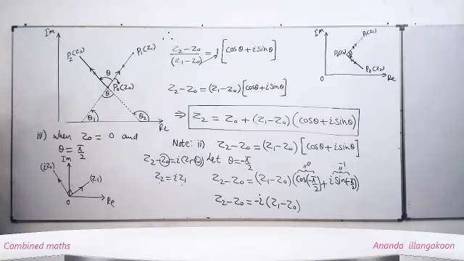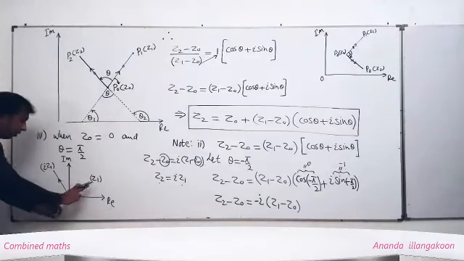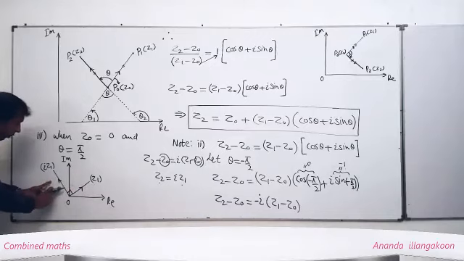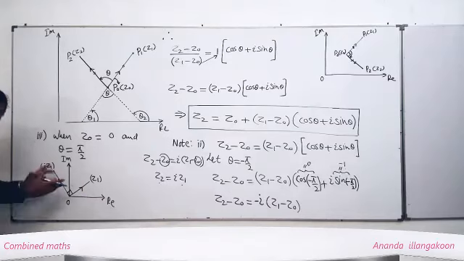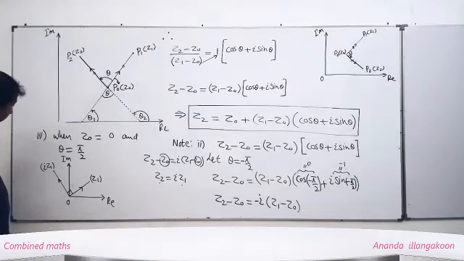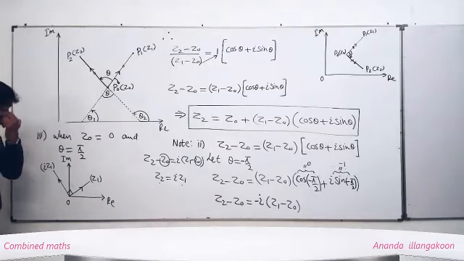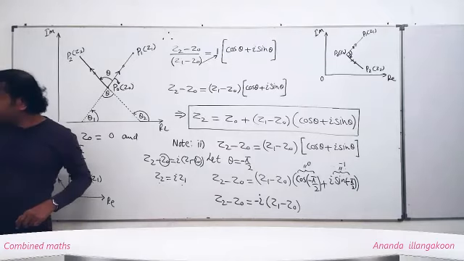So if Z1 is this, iZ1 is the line segment representing Z1 rotated by an angle 90 anticlockwise. The new position comes. Next one.